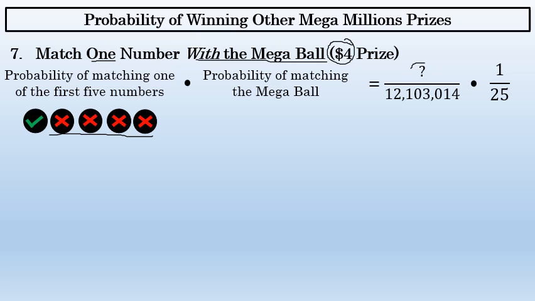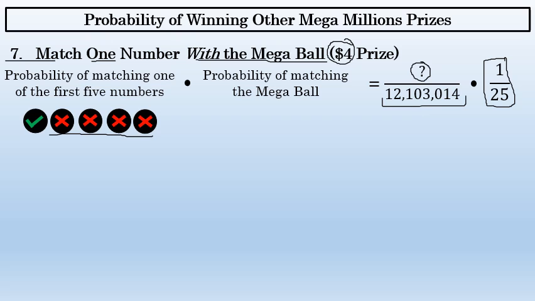We will find that there's actually a lot of different ways, a lot of different combinations of matching exactly one number and not matching the other four out of the 12,103,014 ways that those first five numbers can be drawn, and we'll multiply that by the 1 in 25 probability of matching the mega ball.